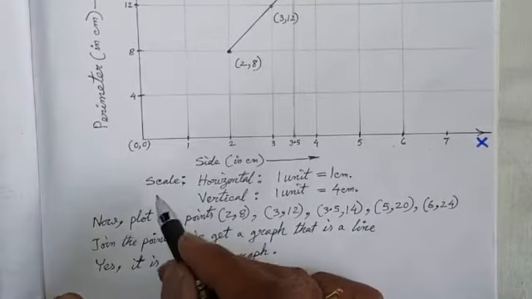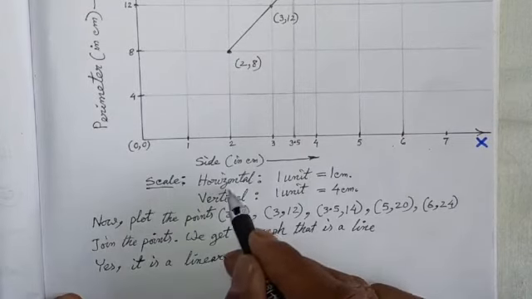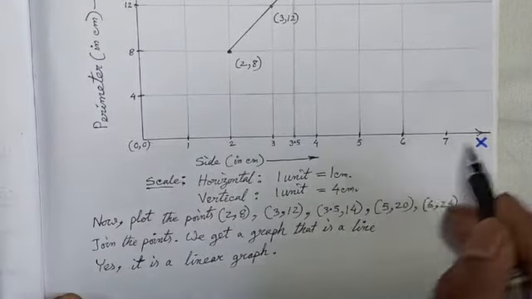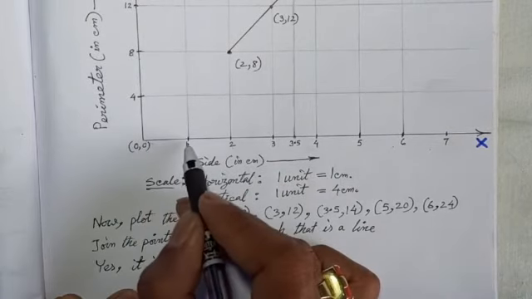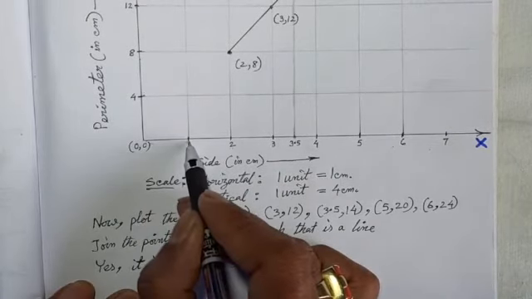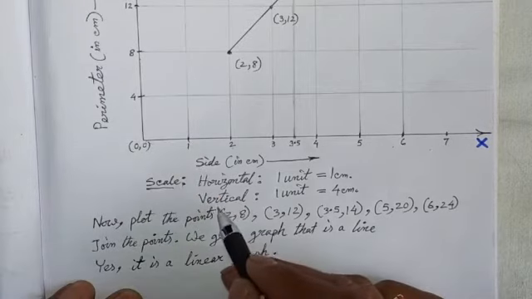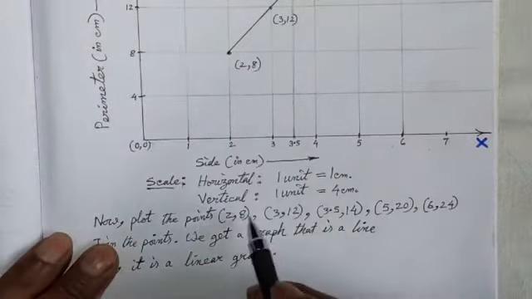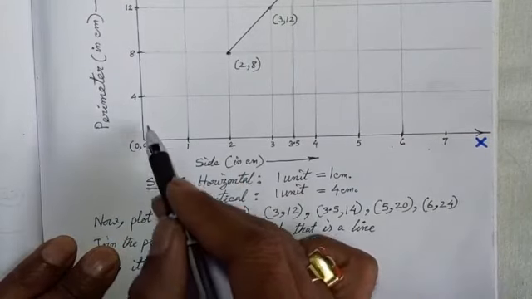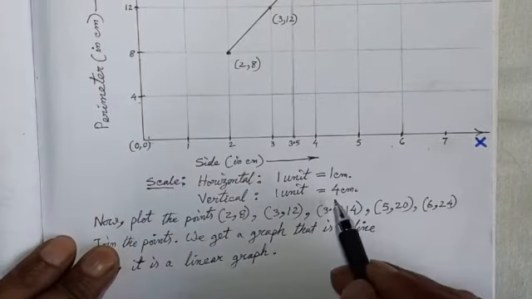Now scale. Horizontal, that means this line: 1 unit is equal to 1 centimeter. From here up to there is 1 unit, and this is equal to 1 centimeter. And vertical means y-axis, and 1 unit, from here up to there, represents 4 centimeter.